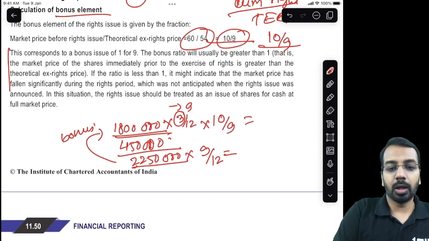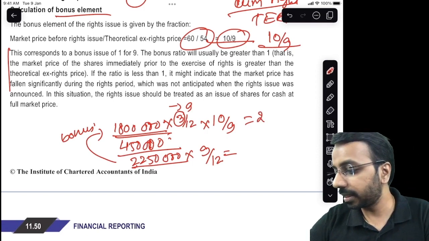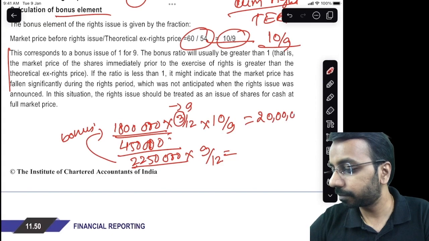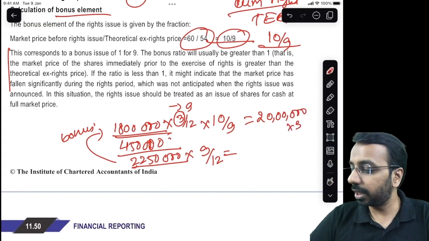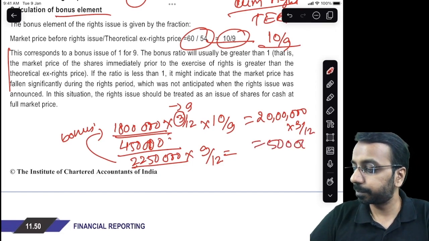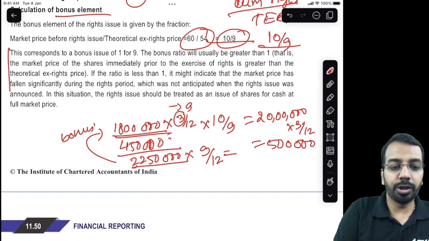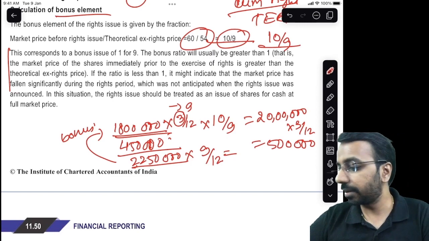So 18 lakhs into 10 divided by 9, we get 20 lakhs, and that is into 3 out of 12. So 3 fours are 12, 5 lakhs, and 22 lakhs 50,000 into 9 divided by 12, if you do, you get 16,87,500.